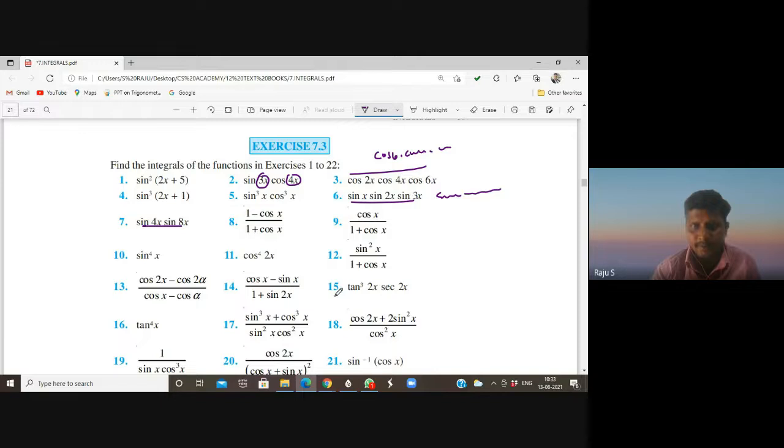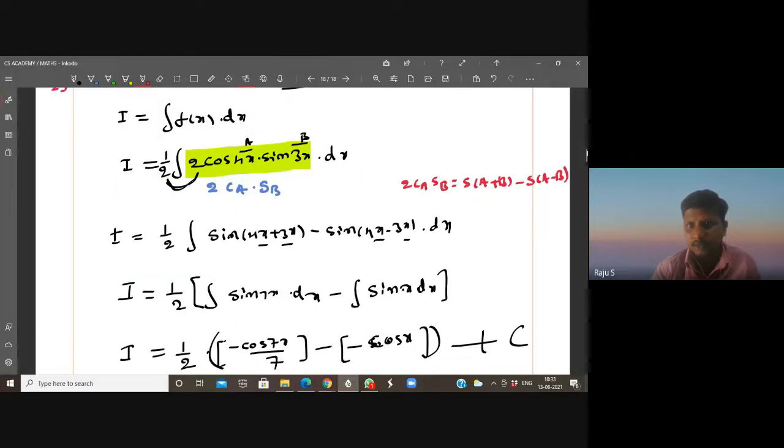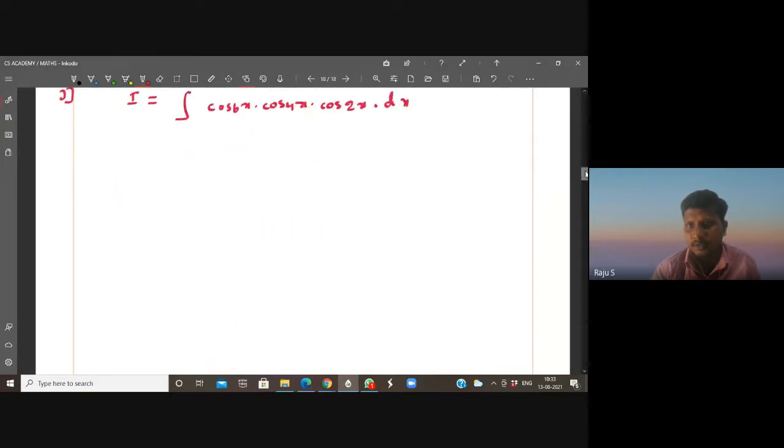Okay, right. I have written it in order. Now again I want to multiply and divide by 2. When I do that, it is in the form of 2 cos A cos B. This is A, this is B. What is the 2 cos A cos B formula?